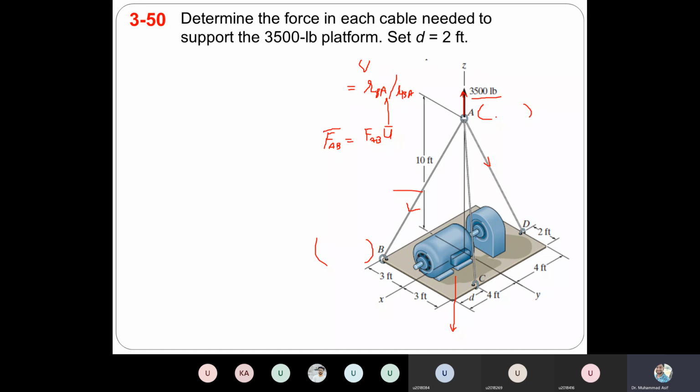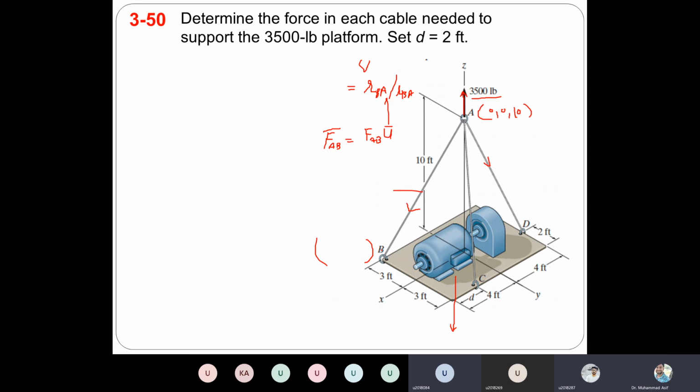For example, what are the coordinates of A? 0, 0, 10. So these are the coordinates of A. Similarly, what are the coordinates of B?